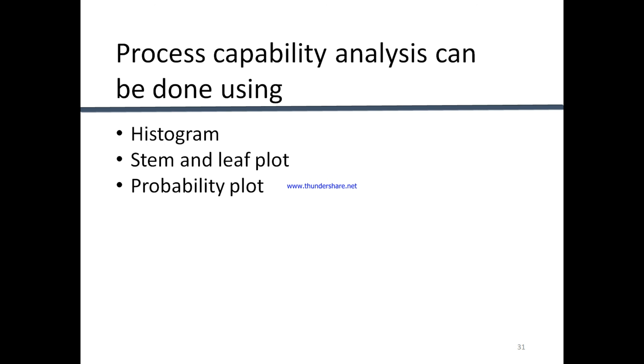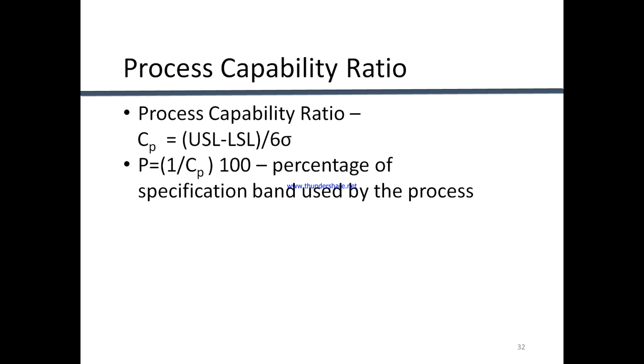What you have to know is that we use histograms, stem and leaf plots, and probability plots. Using these, we can identify the probability distribution of a given process, and then take the necessary actions to keep the process stable, right?